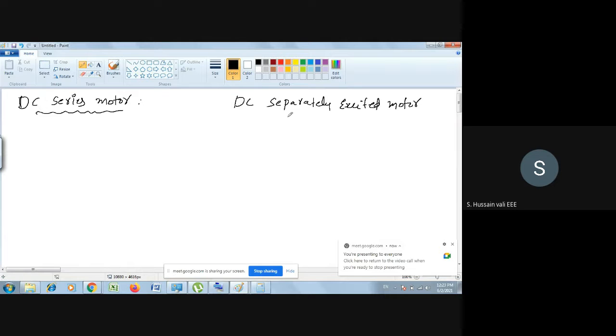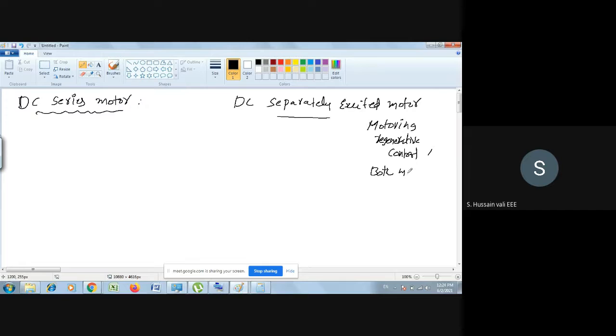For this motor, what we did last time is that we have seen motoring control, regenerative control, then both motoring and regenerative control, then dynamic braking. These are the topics we have studied for the DC separately excited motor.